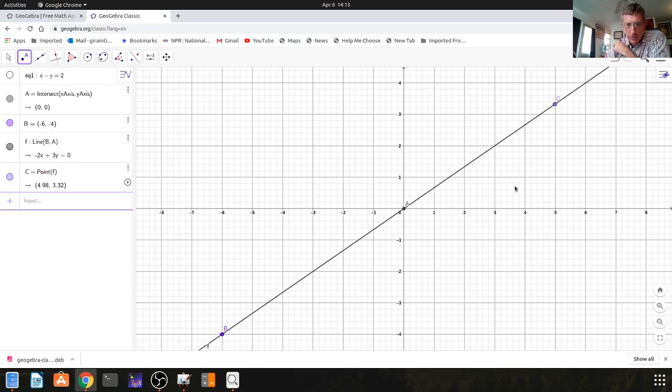So there are the 3 points that I just found, and they all 3 lie on the line. It says 4.98 and 3.32, but that's just because I'm eyeballing it. It should be 5 and 3.33. But this is my 5 and 10 thirds. This is my 0, 0. And this one down here is my minus 6, minus 4.